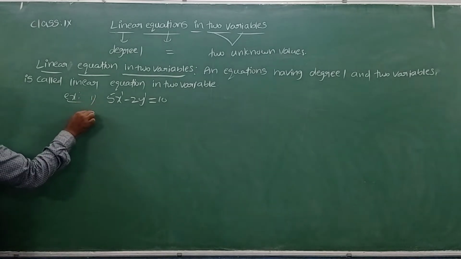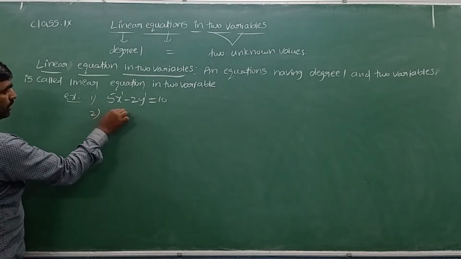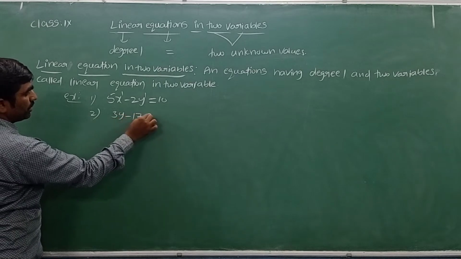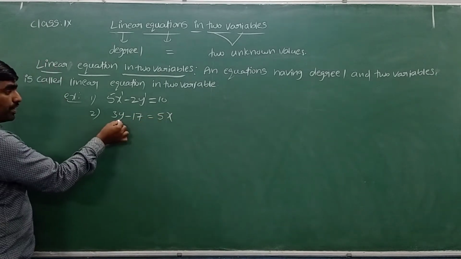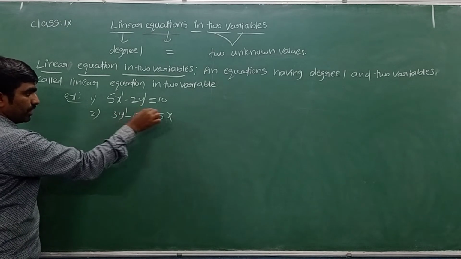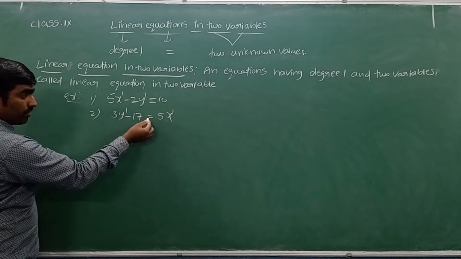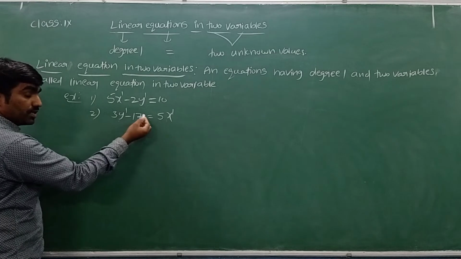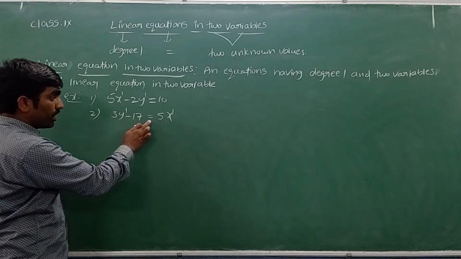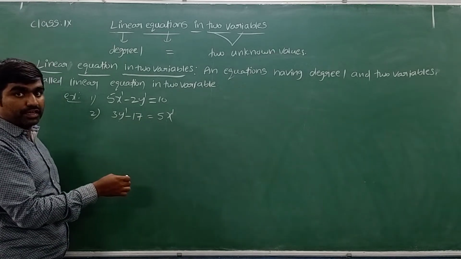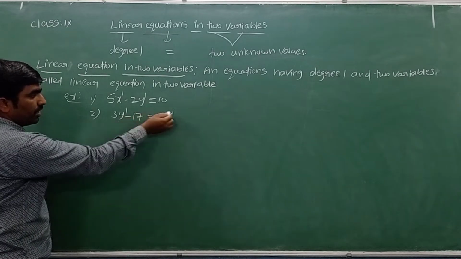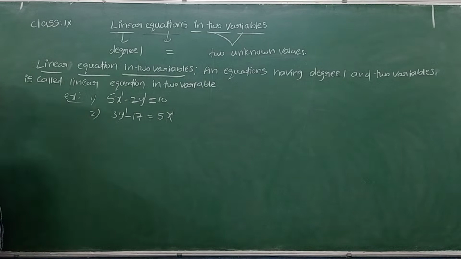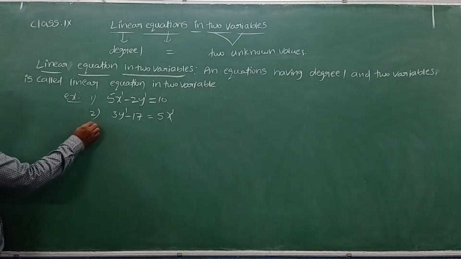Let me take another example: 3y minus 17 is equal to 5x. Even here I can see two variables x and y with degree 1. An equation has an equality sign; if there is no equality sign, it is called an expression. An equation which has two variables x and y with degree 1 is called a linear equation in two variables.